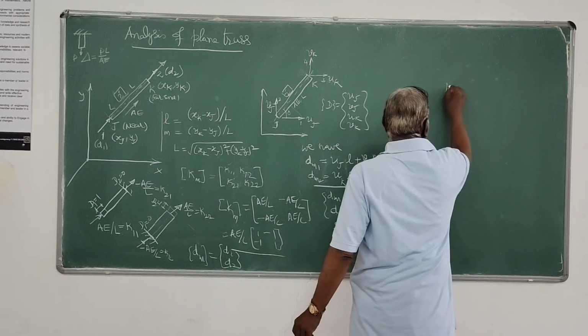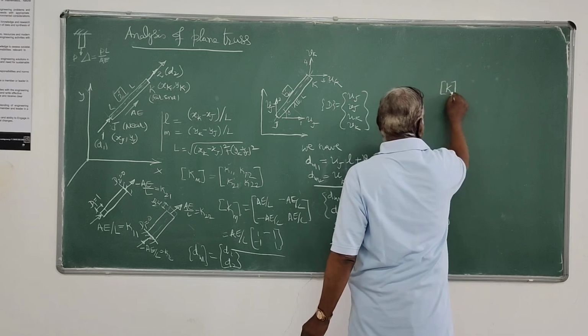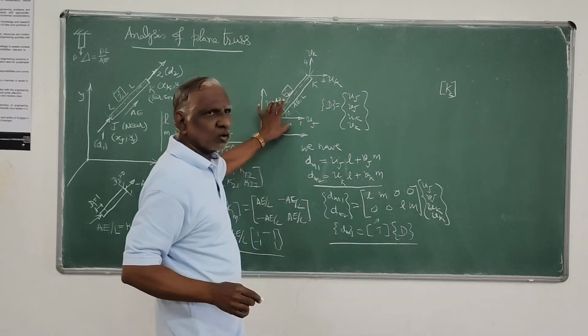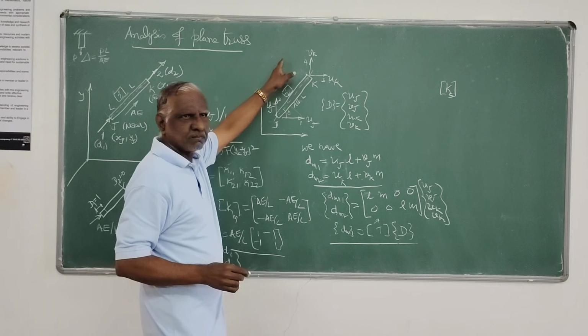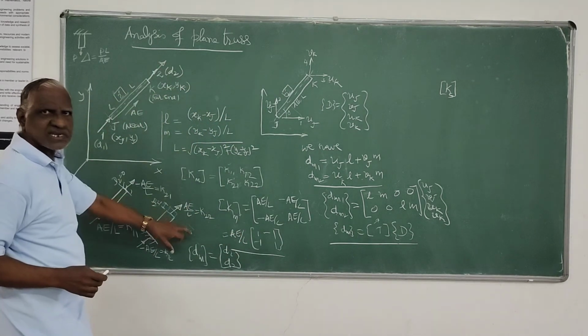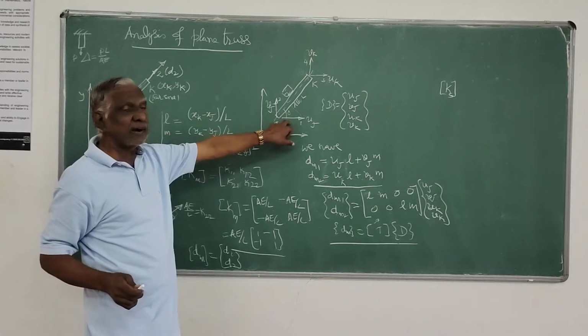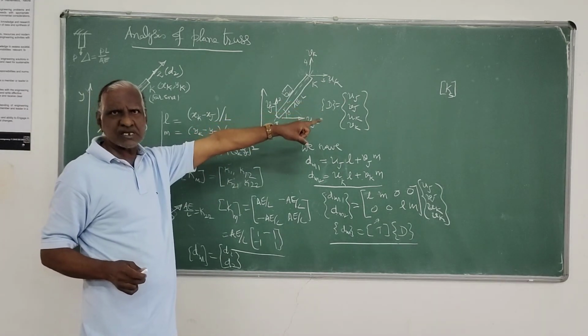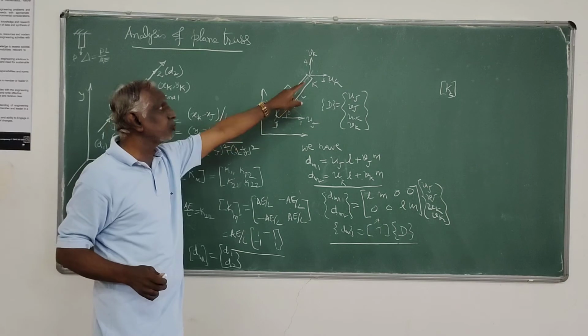Then the global stiffness matrix, that is the matrix with respect to these displacements. Here I have determined the stiffness matrix with respect to local displacements. Here the global stiffness matrix has to be a 4 by 4 matrix.